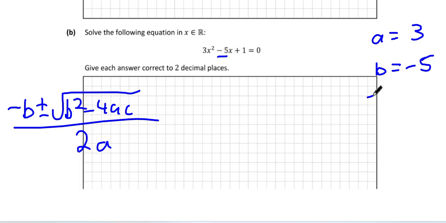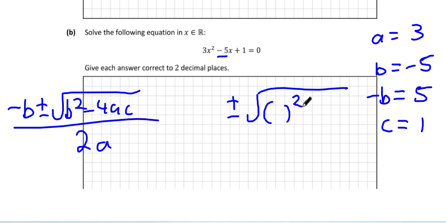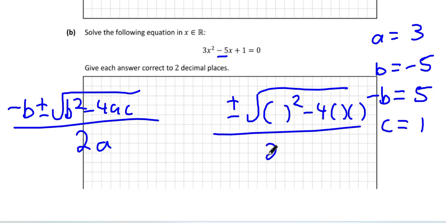What's the minus B value? No, B is minus 5. Magic wand, both sides, plus 5. Your C value? 1. What you guys need to do now is write this out, fill in the numbers, and use your calculator. Go on, give it a go.